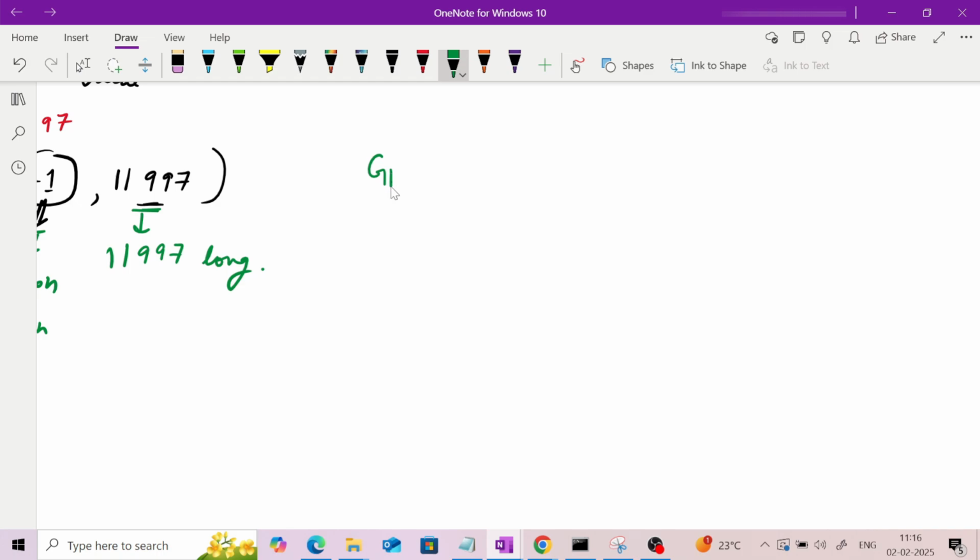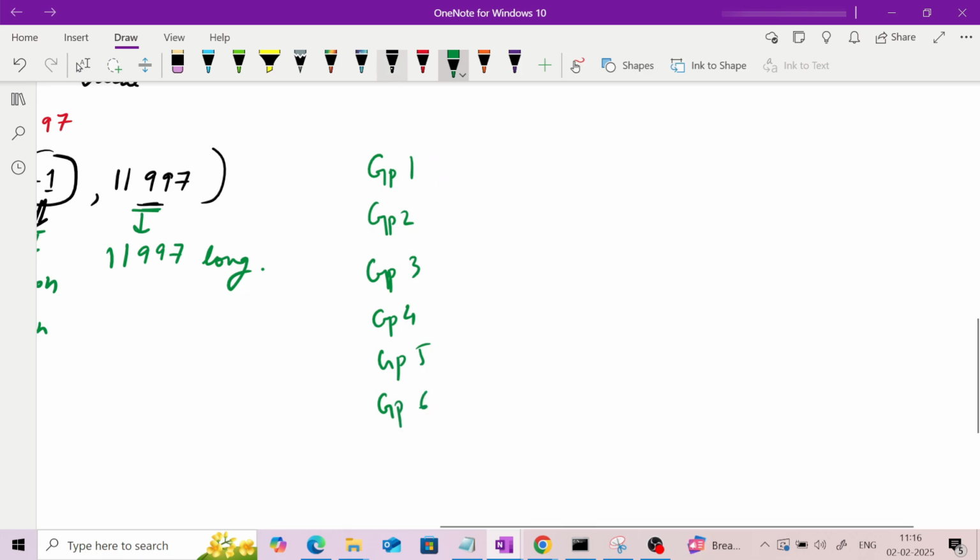So there is group 1, group 2, group 3, up to group 6. Each group has 2 transactions over here.